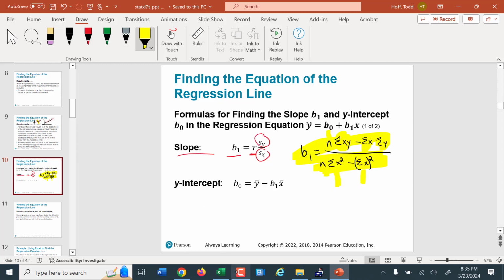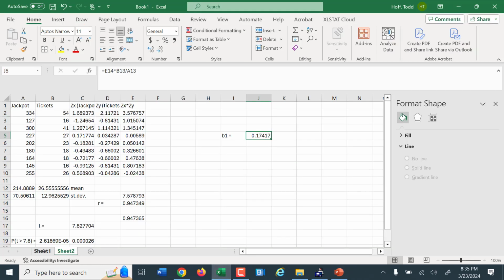We're going to Excel here, to this page where I got the summations.